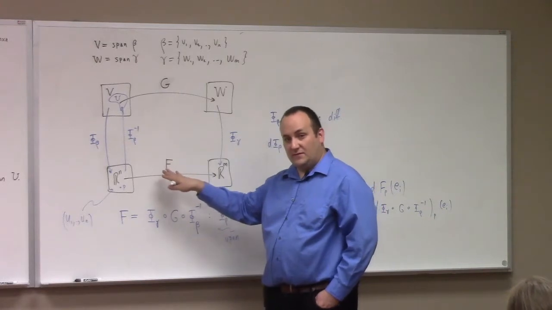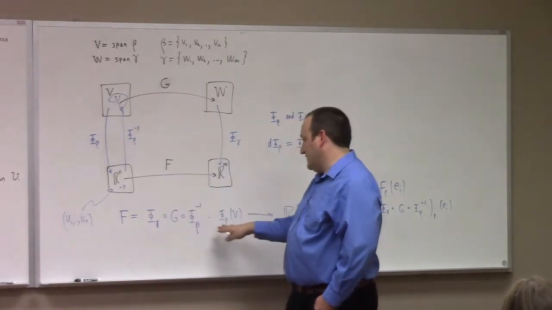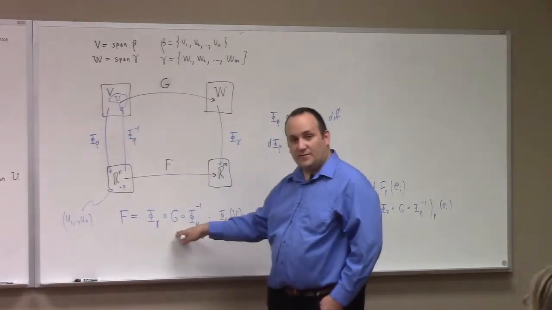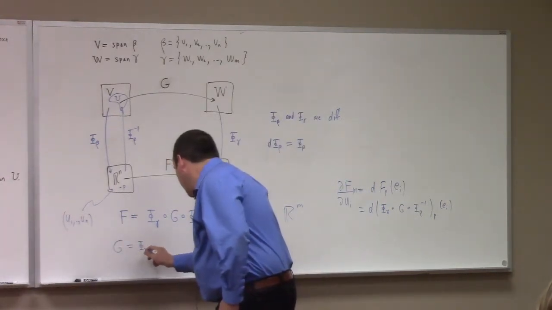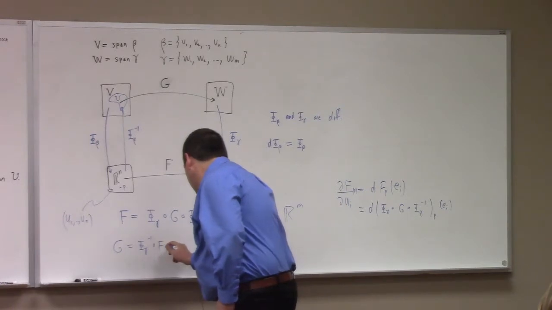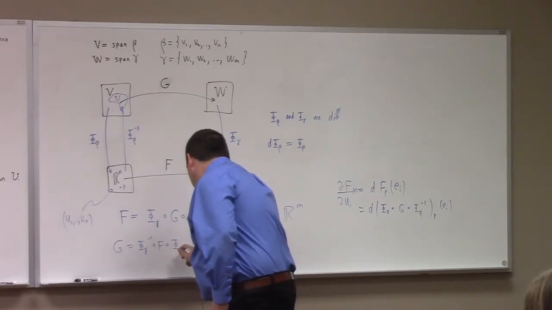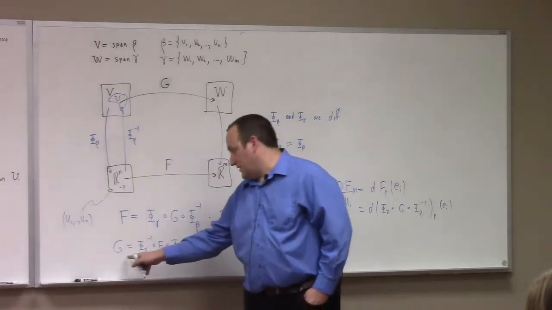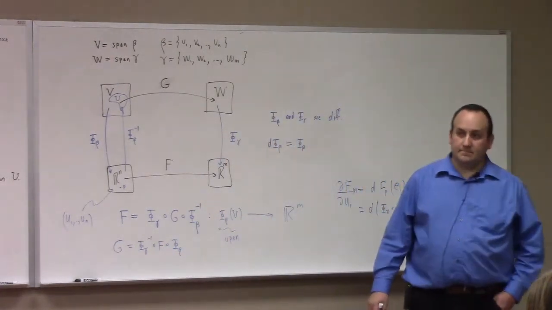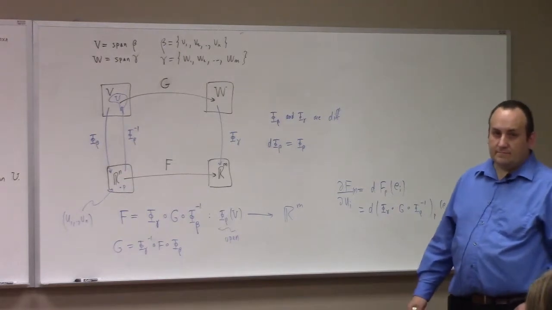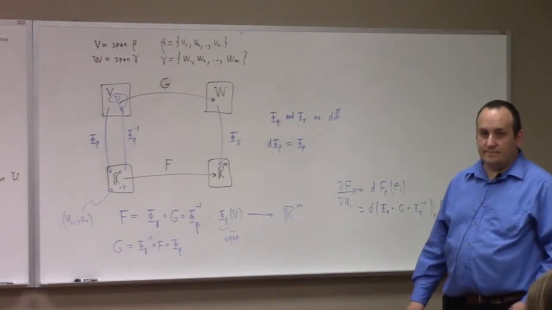Once you know that F is differentiable, it's a simple matter to argue that G is differentiable, because G is equal to phi gamma inverse composed with F, composed with phi beta. So if F is differentiable, then G is the composite of differentiable maps, which is once more differentiable. This is how we steal.